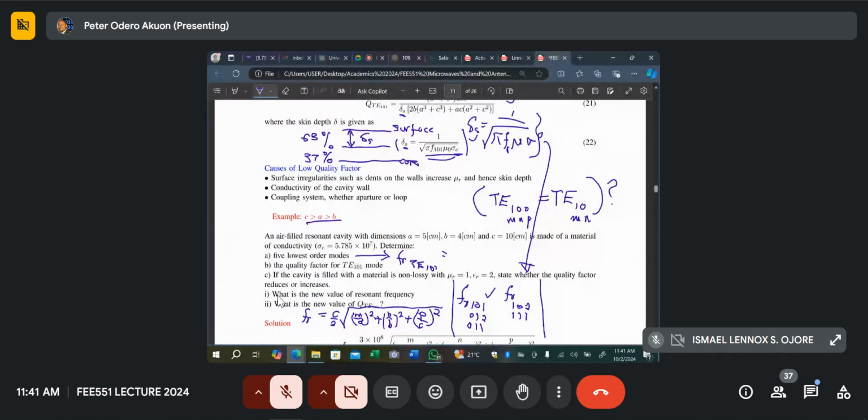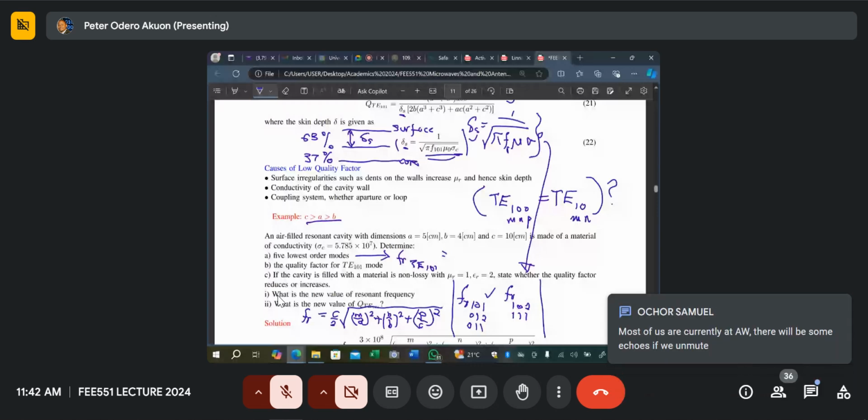Is there anyone computing it? 3.354 gigahertz. 3.35 gig.